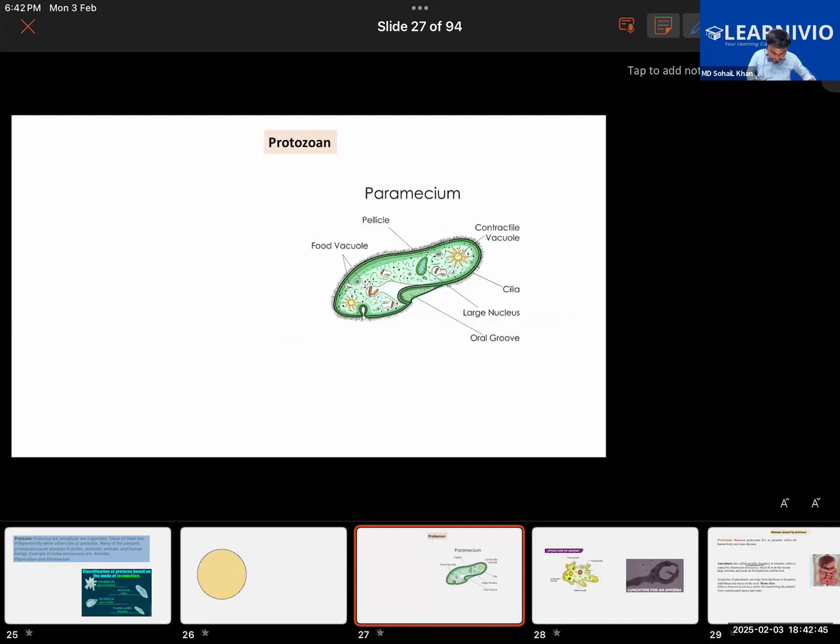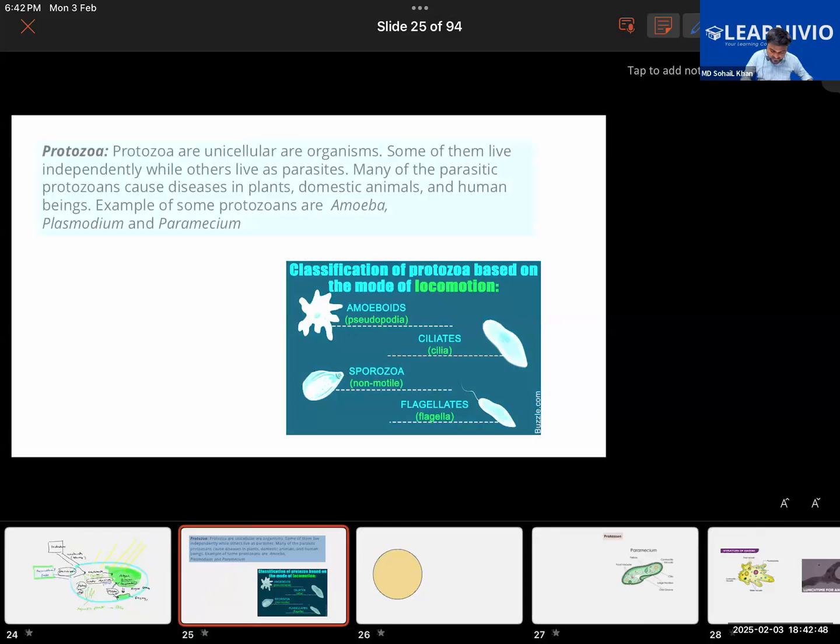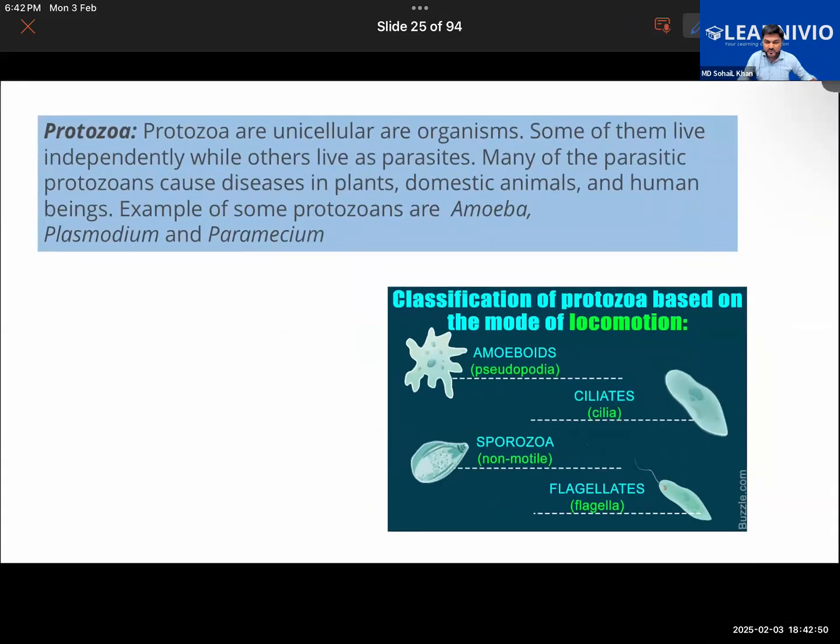So as we were doing this topic in the previous class about the division of microorganisms, this group of microorganisms is the protozoa. Basically, they are unicellular in nature. Some of them would be living independently, while others would be living as parasites, having a parasitic type of nutrition.